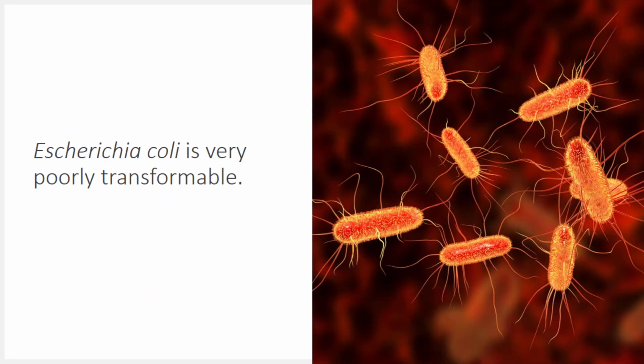By contrast, many bacteria are very poorly transformed, if at all, under natural conditions. For example, our favorite bacterium, Escherichia coli, and many other gram-negative bacteria fall into this category.